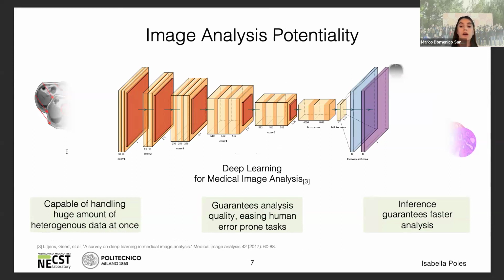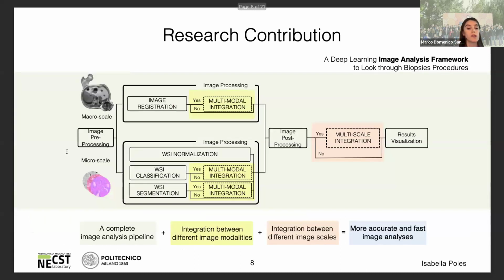And furthermore, it has also guaranteed faster analysis thanks to its efficient inference step. So it is for these reasons that I decided during my PhD to exploit the deep learning potentialities while building upon its weaknesses to produce a complete image analysis pipeline for a biopsy procedure.